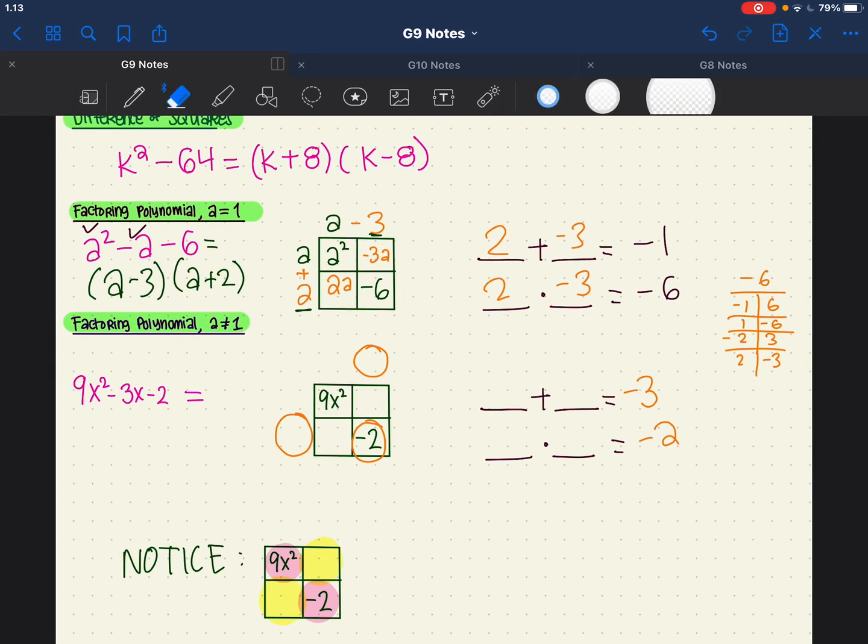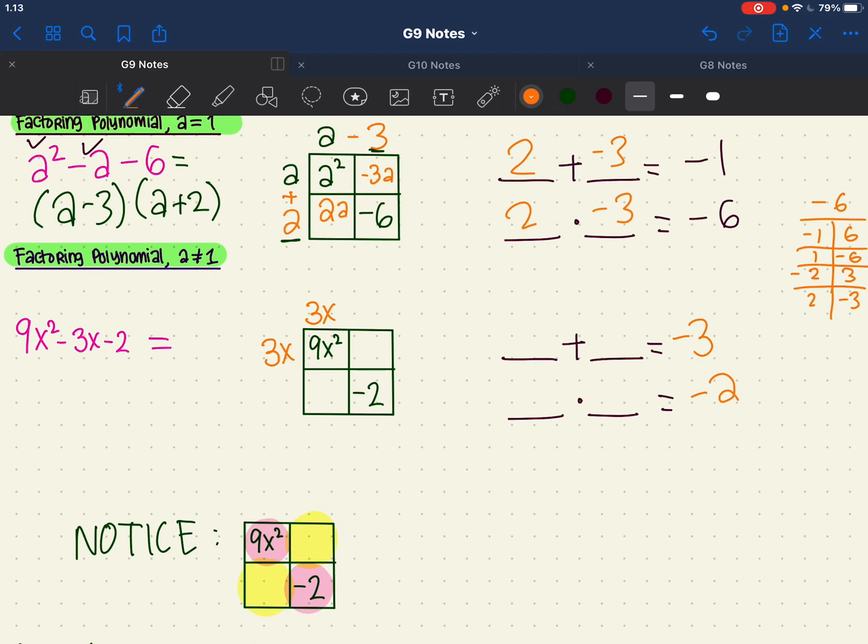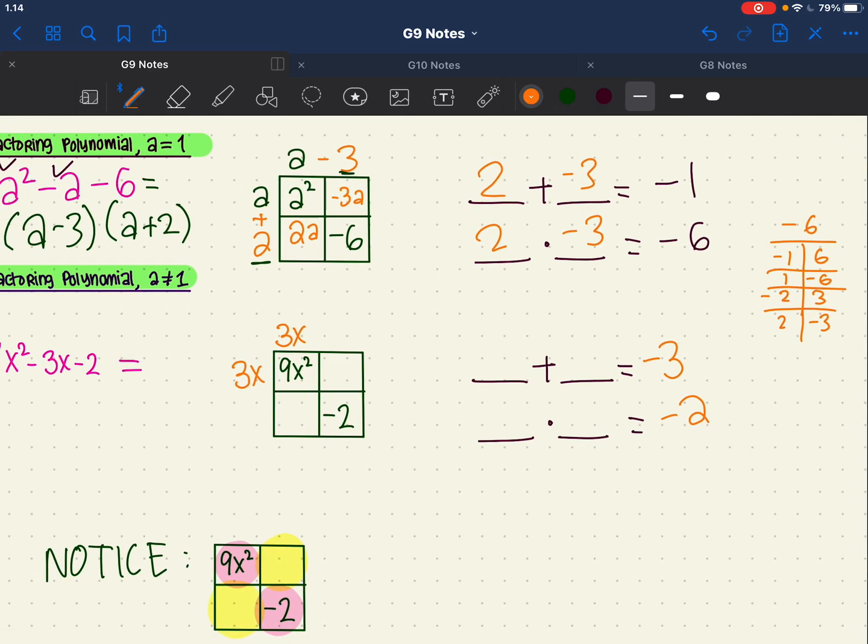Okay. Alright. So I'm going to try to fill out what I can on the very top row and then on the very left column here. So we know that 3x times 3x is 9x squared. Okay. And then we're trying to find these two numbers here. So again, I'm going to start with -2.